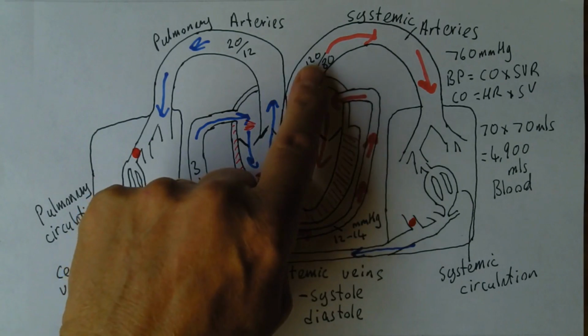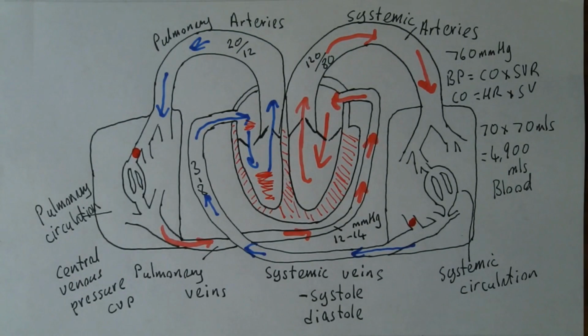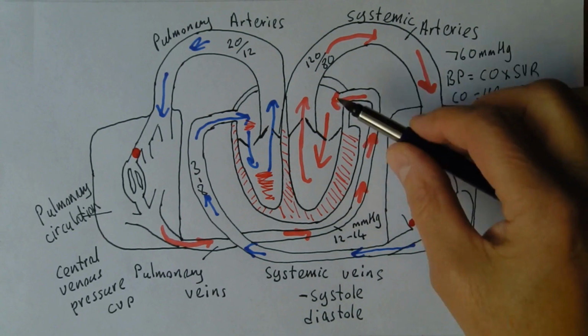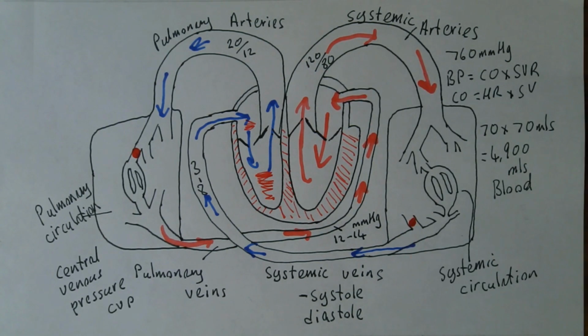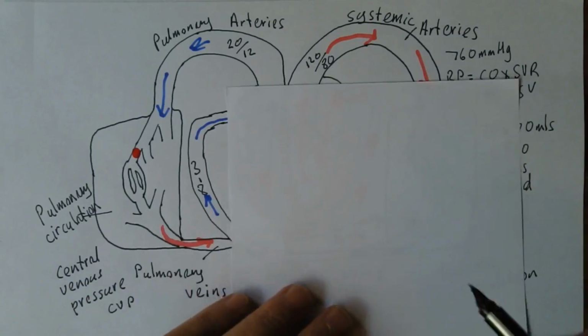Well, we notice the normal blood pressure in the systemic arterial system is 120 over 80 millimeters of mercury, 120 systolic, 80 diastolic. Or that might be a blood pressure that you typically find. If you're young and fit, your blood pressure may be quite a bit lower than that. That's acceptable. In fact, it's good. So we're thinking about systemic arteries.